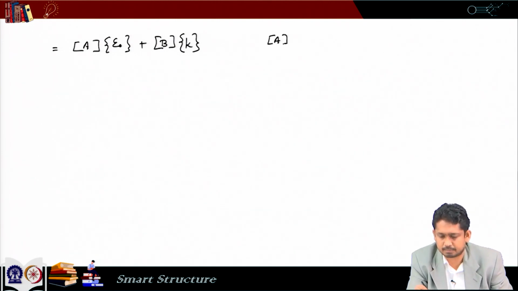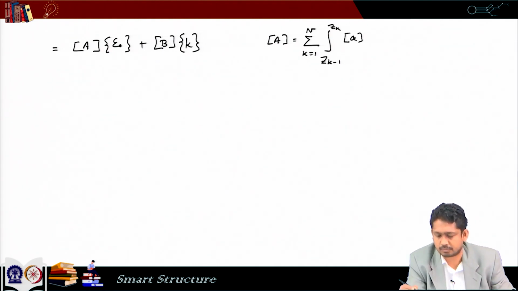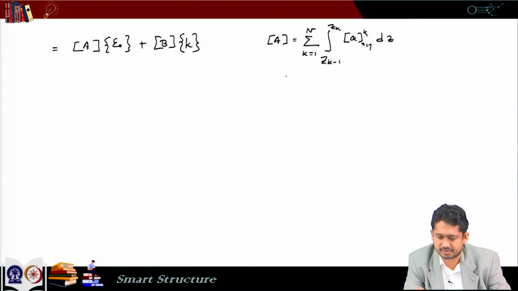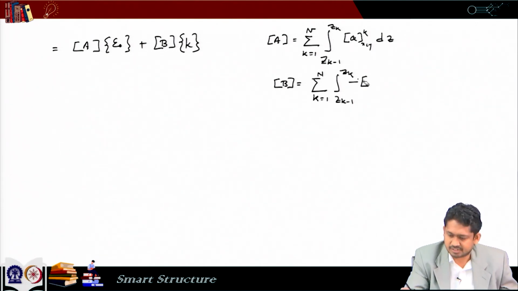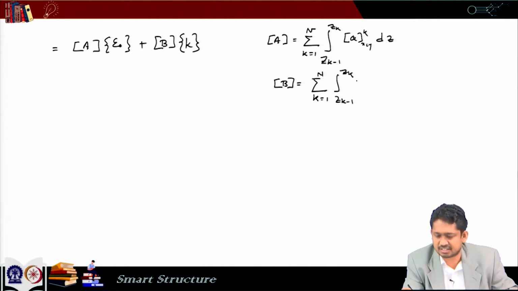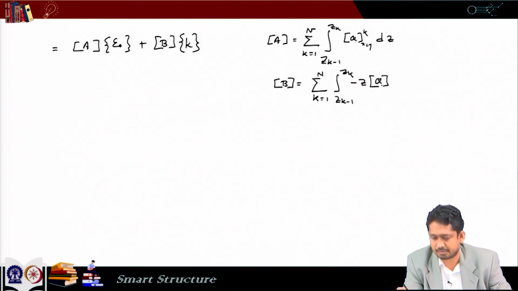Where our A is summation of k is equal to 1 to n of the integral of q from z k minus 1 to z k, and similarly we can define a quantity B, which is a similar integration, but the integrand is minus z multiplied by q.